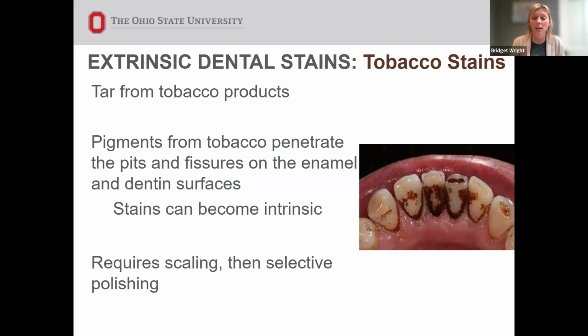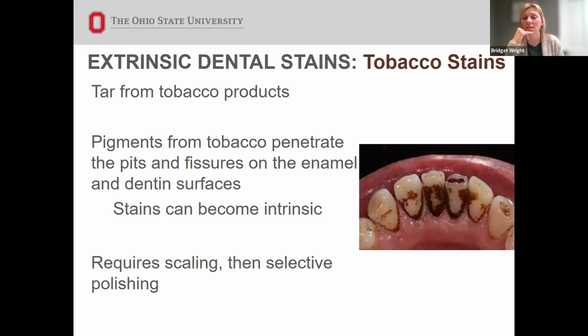If it does become intrinsic, then we may be able to help the patient remove the extrinsic portion, but they might need some alternative treatments to remove the intrinsic staining. And again, I know from experience with scaling, this feels like really sticky tar.